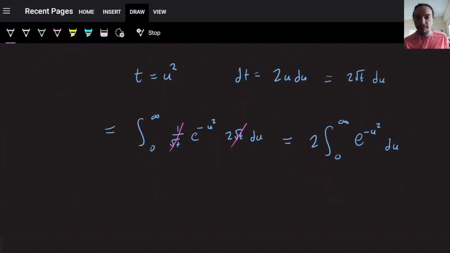Okay, so we've come upon something called the Gaussian integral. This is a really, really important function, e to the minus x squared. Okay, this function comes up in statistics, it comes up in analysis, it comes up in probability theory, all kinds of places. It's such an important function. But it doesn't have an elementary antiderivative.